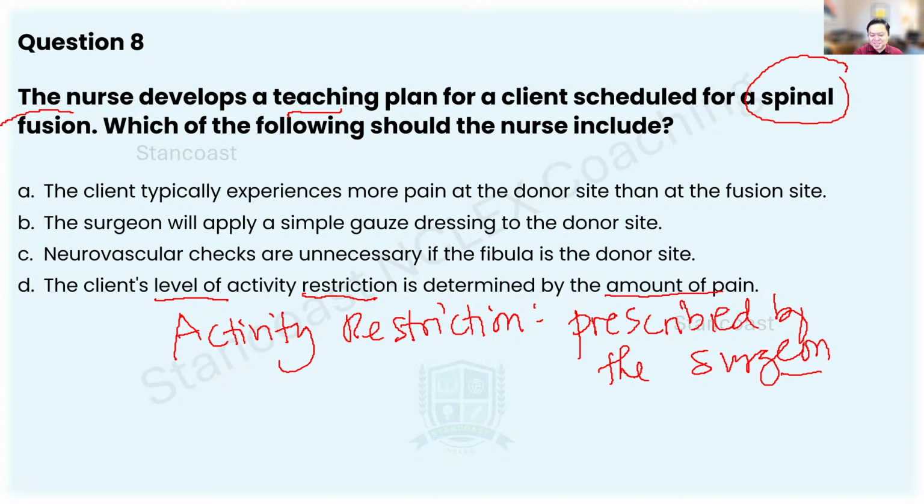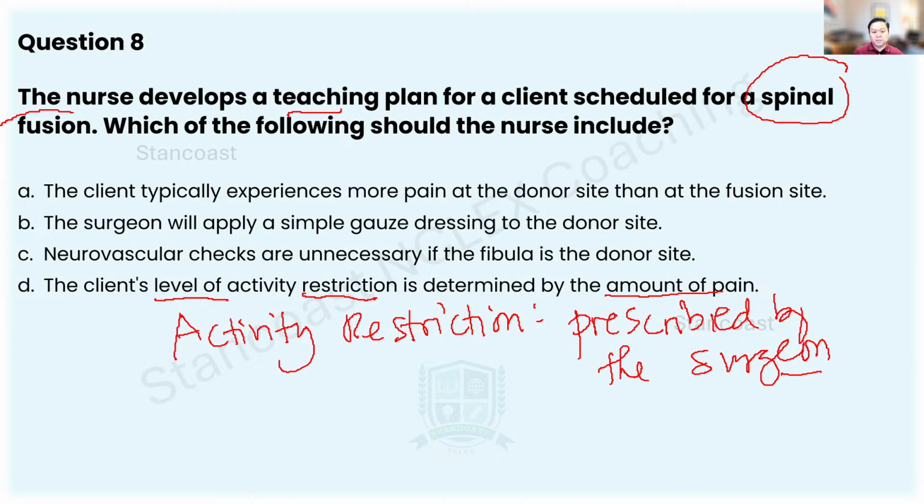That is unsafe as well, as far as making sure there is no re-injury to the site, especially that there is fusion of those vertebra. That would be unsafe to practice or to teach our patient, especially during this phase. They would probably think, hey, I can do anything that I want as long as the pain is not severe.